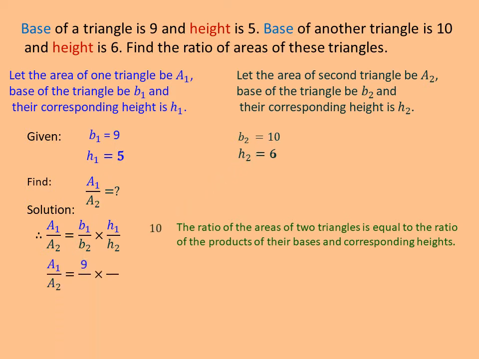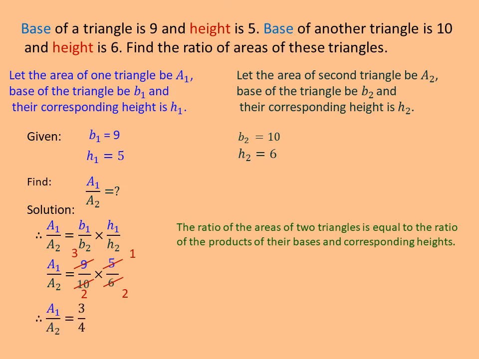You can see B1 is replaced by 9 and B2 is replaced by 10, H1 is replaced by 5, H2 is replaced by 6. For simplification, we will do cancellation. So 5 one time, 5 two times, then 3 two times and 3 times 9. Once you simplify them by cancellation, in the numerator you have got 3 and 1 and in the denominator you have got 2 and 2.